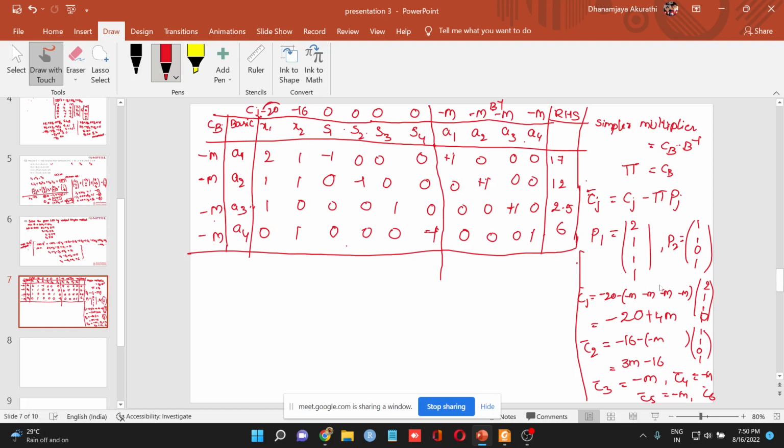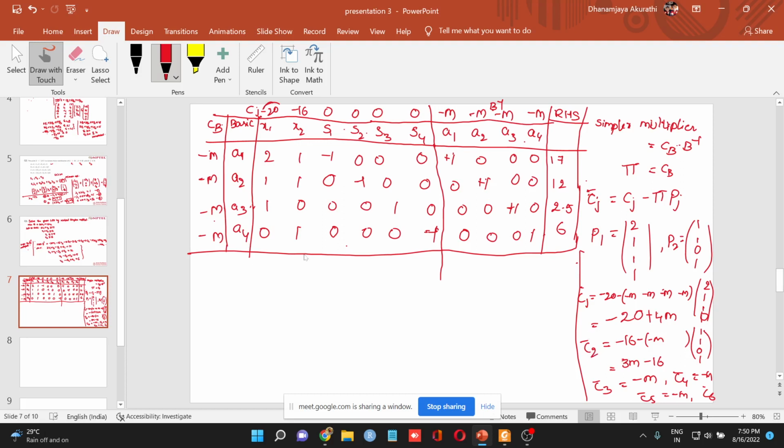So out of these you can say that these are the row deviations only for the non-basic variables. That means out of these, the one which has the largest value, the corresponding variable becomes the entering variable. Here the maximum value is obtained from C2 bar.